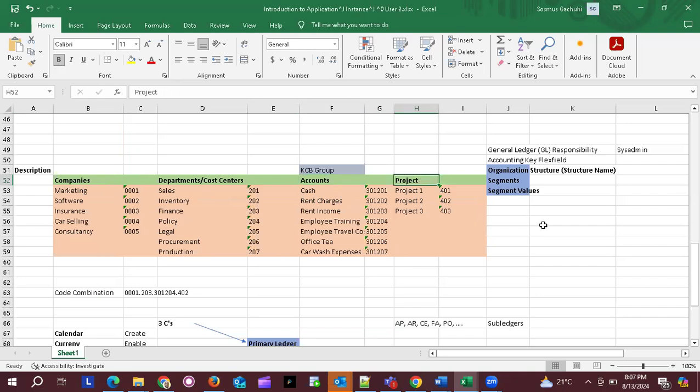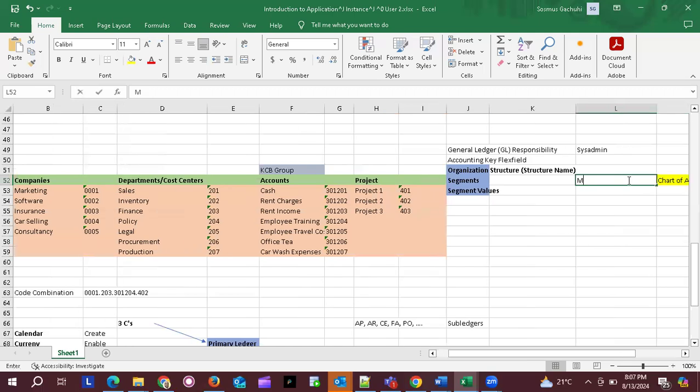It is very much important to understand that in the system, you can create a maximum of 30 segments and a minimum of 2 segments.